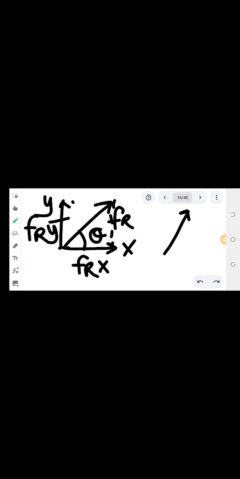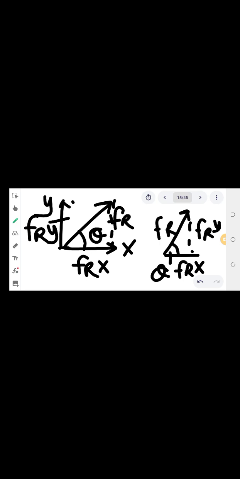So we do have this line, here we have theta, here we have Fry, and then here we have Frx. So it's just to show you where this is coming from.